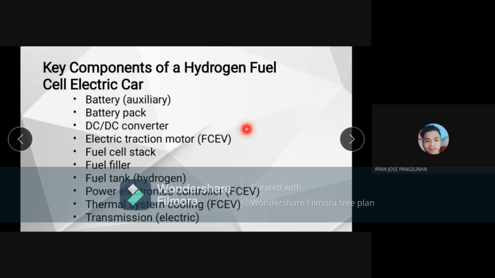This motor drives the vehicle wheels, and some vehicles use motor generators that perform both the drive and regeneration functions. Next is the fuel cell stack, an assembly of individual membrane electrodes that use hydrogen and oxygen to provide electricity.